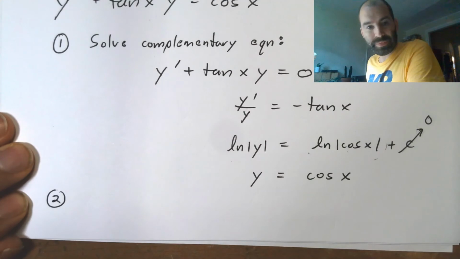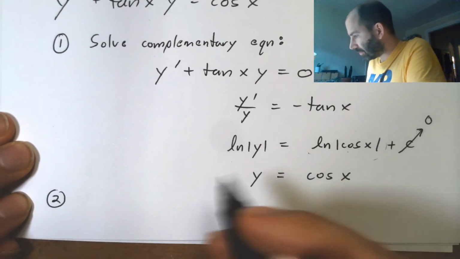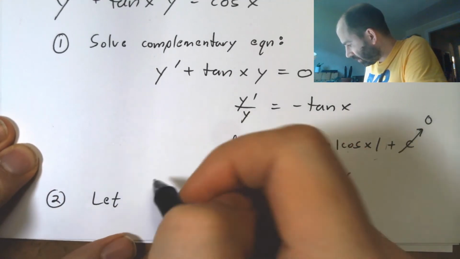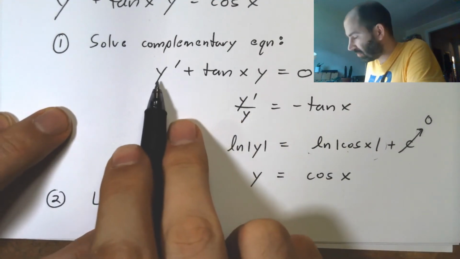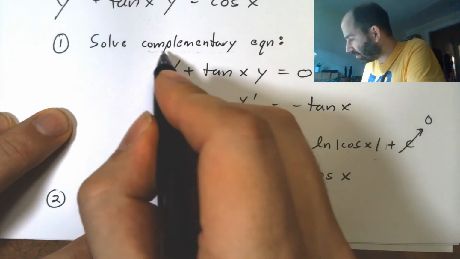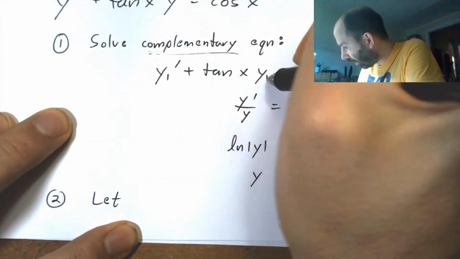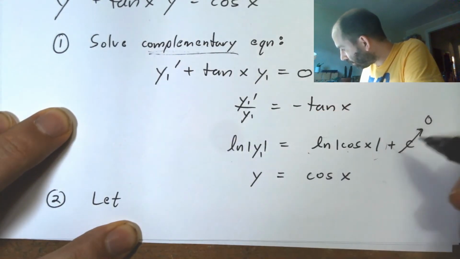The next step is to, okay, let me go up and correct this. So we were finding the complementary solution, that's what we called y1. So let me put a 1 here in place of all the y's.